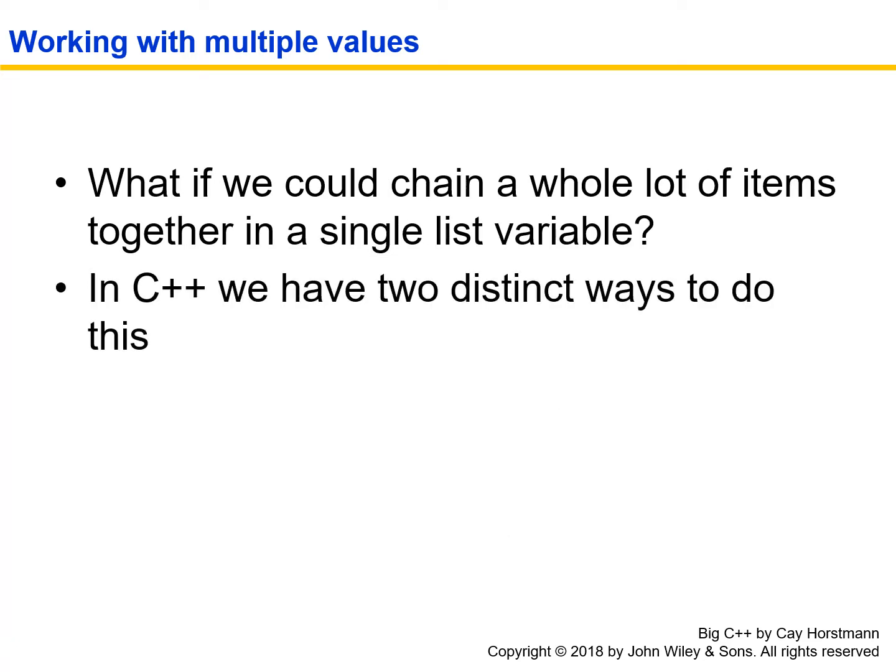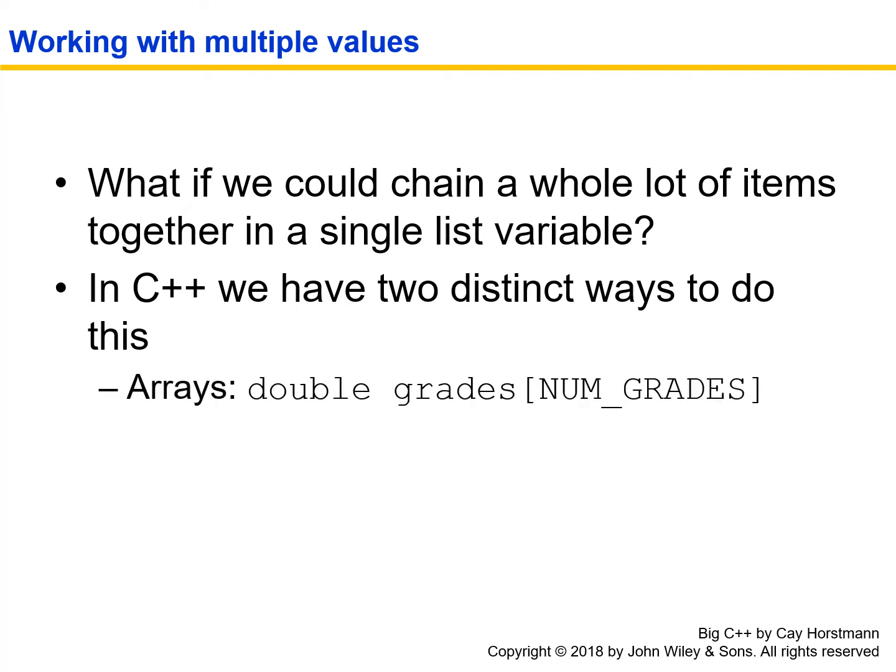In C++, we actually have two distinct ways to do that. The first, and the simplest from a computer science point of view, is the array. An array is simply a block of memory that is set aside with one variable naming a whole bunch of slots. So you can think of an array as being a memory block that's much longer than what's necessary to hold a single variable.